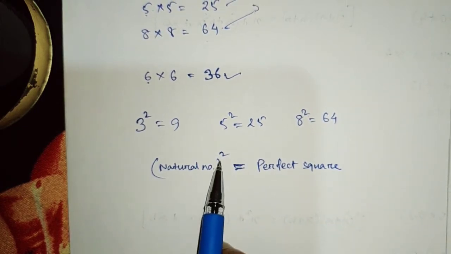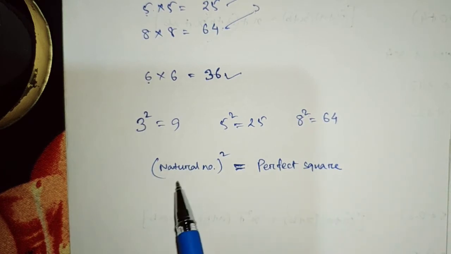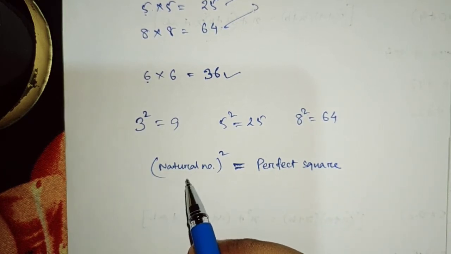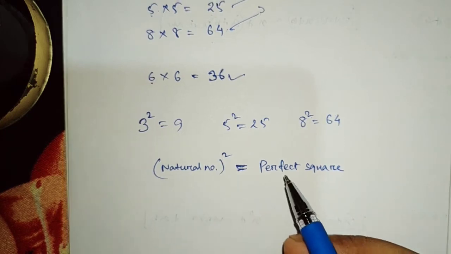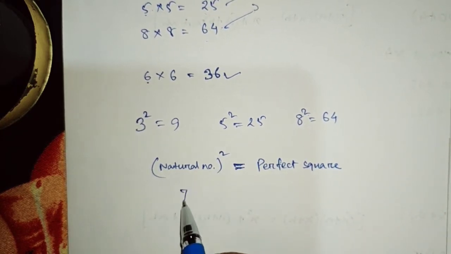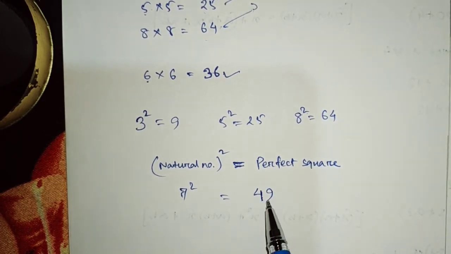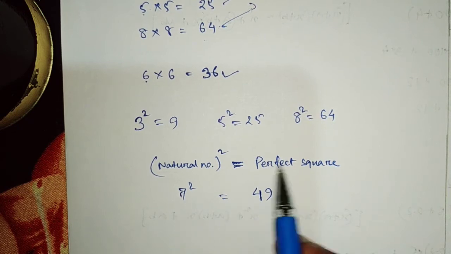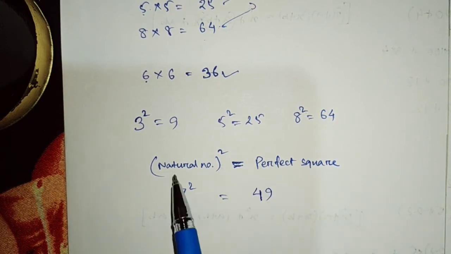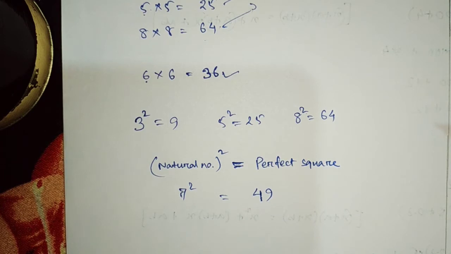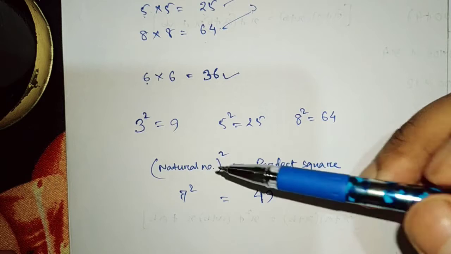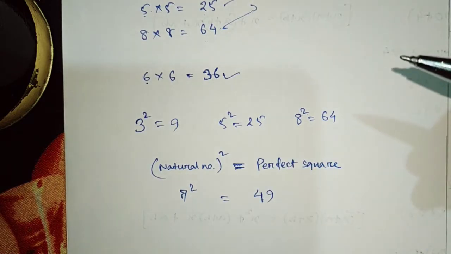We take any natural number and square it, and the square we get is special, and that is why we call it a perfect square. You take, say, 7. 7 is a natural number, so 7 square is 49. So 49 is a perfect square. The square number which is obtained from a natural number is called a perfect square. Apart from natural numbers, we have different types of numbers, decimal numbers and fractions. But if you take a natural number, we get a perfect square.